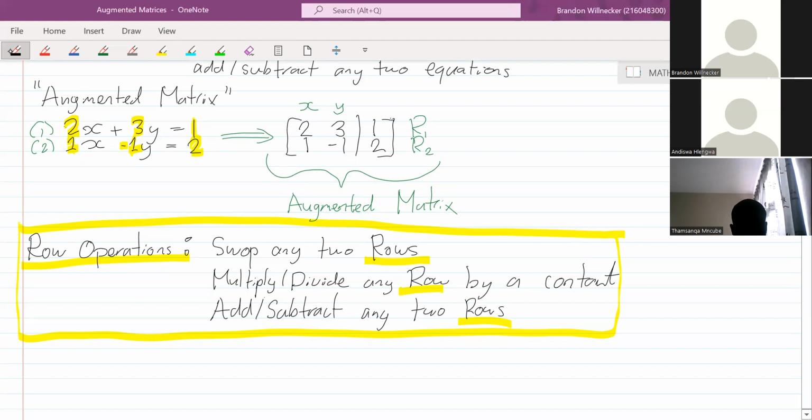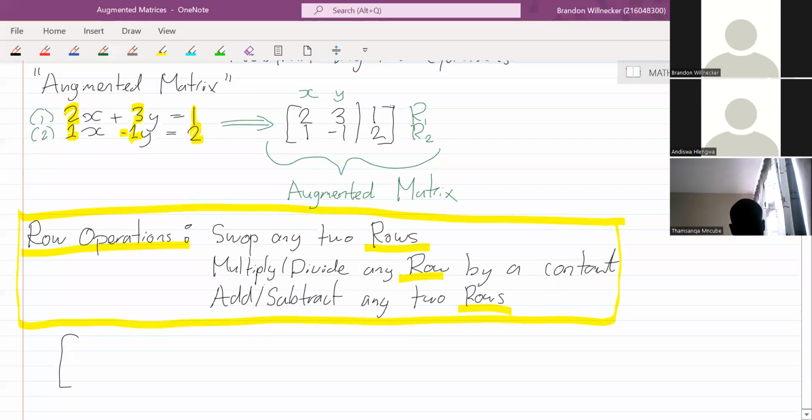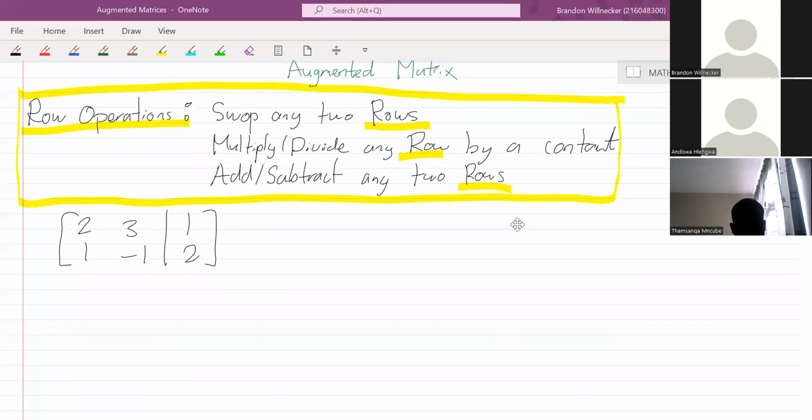Okay, so let's try and solve this using the augmented matrix and row operations. So we start off with the augmented matrix. So it's going to be 2, 3, 1. 1, minus 1, 2.